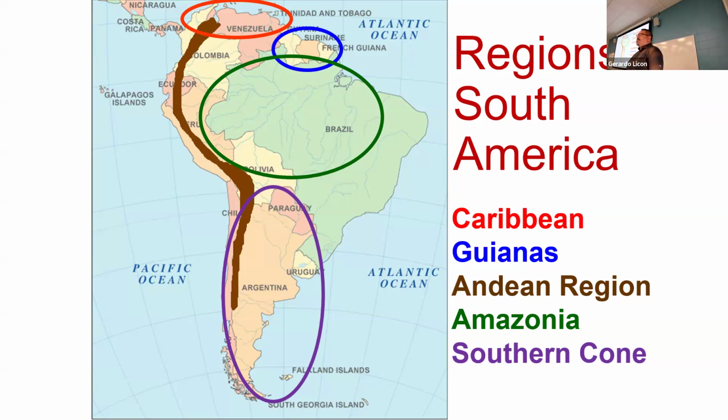In Colombia, for example, they'll talk about the Caribbean coast or the Pacific coast. And so there's the Guianas, which we haven't talked much about, but we will. The Andes, the Amazonian, and the Southern Cone. So some regions of South America.